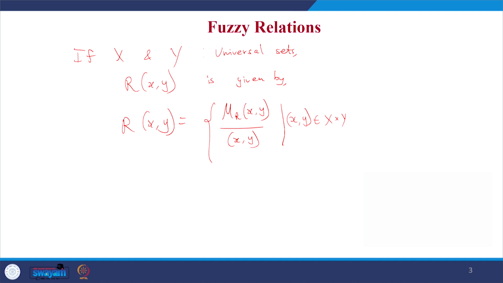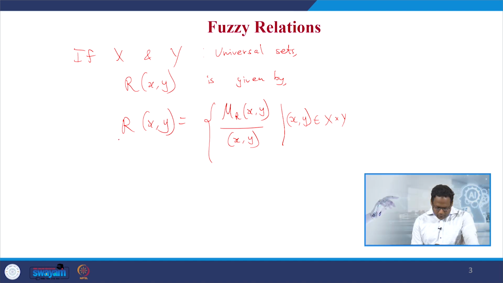Thus the fuzzy relation is given by R of x comma y equal to mu R of x comma y upon x comma y, such that x comma y members belong to the universal sets represented by x cross y.